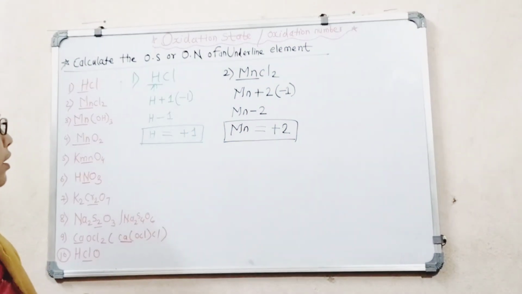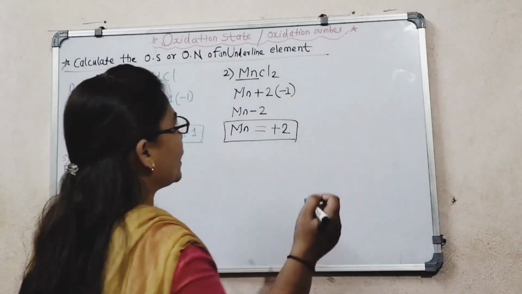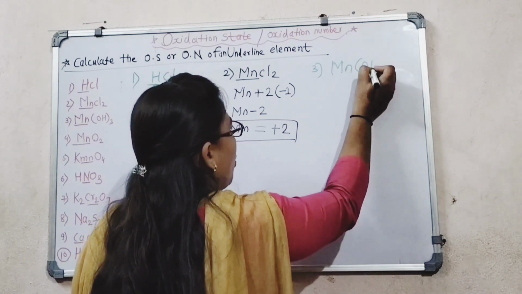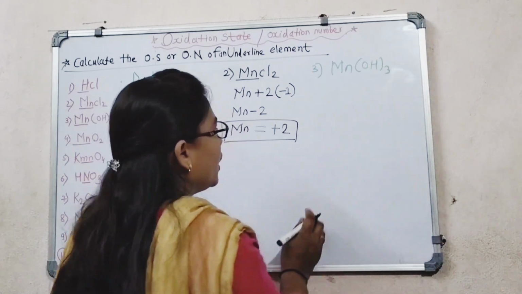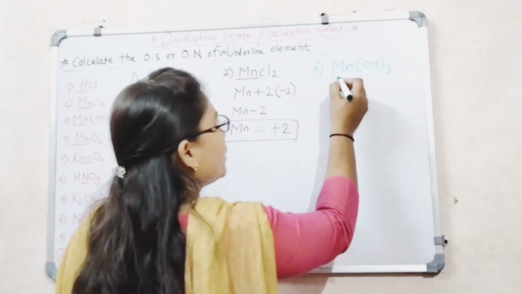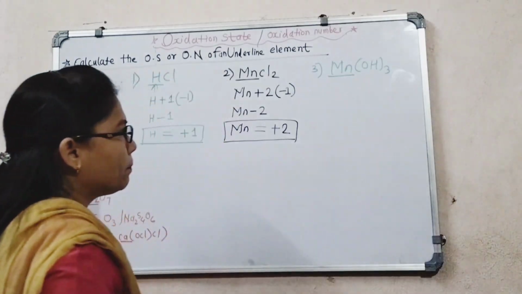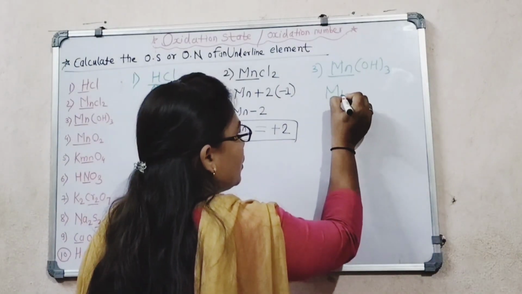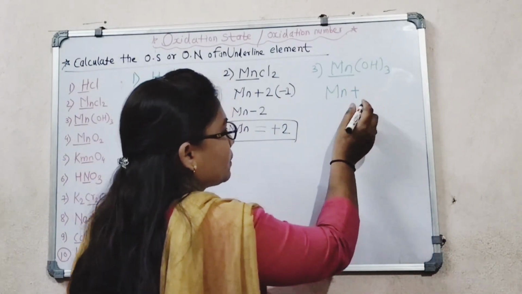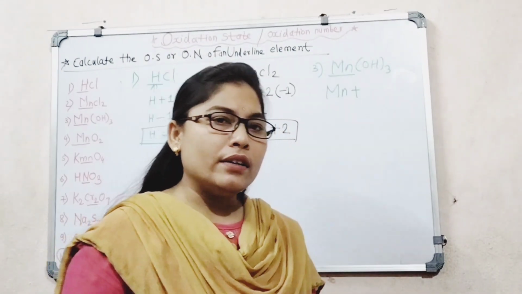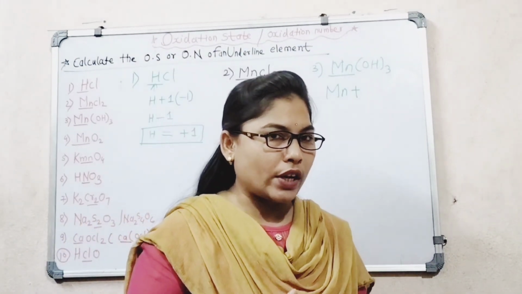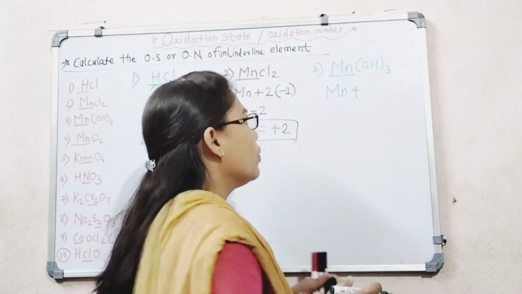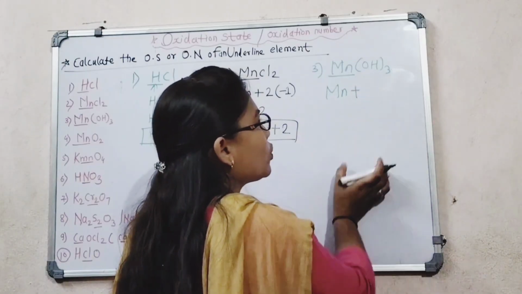Then we see the third example, that is Mn(OH)3. In this example, we have to calculate the oxidation number of Mn. Let's see. I write Mn plus. We know that the oxidation state of hydroxide is -1. We call it the hydroxide anion. In this example, how many OH are there?